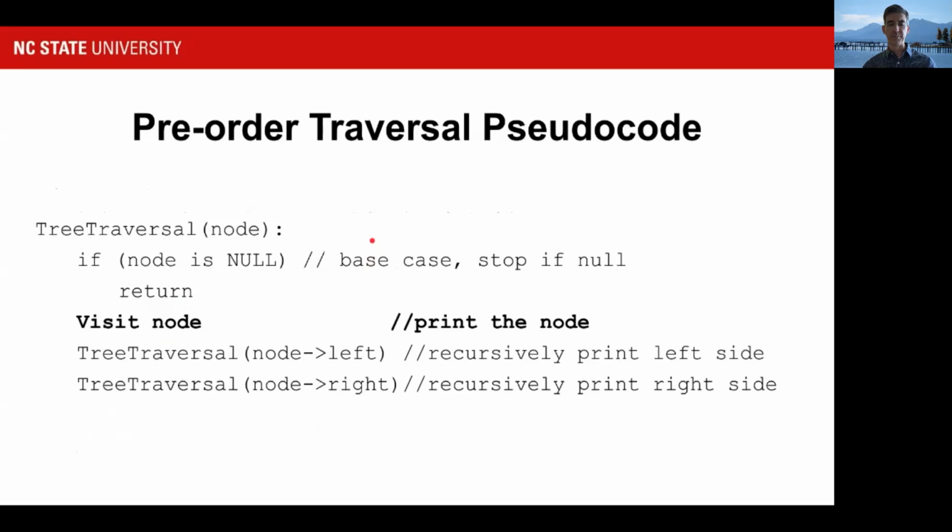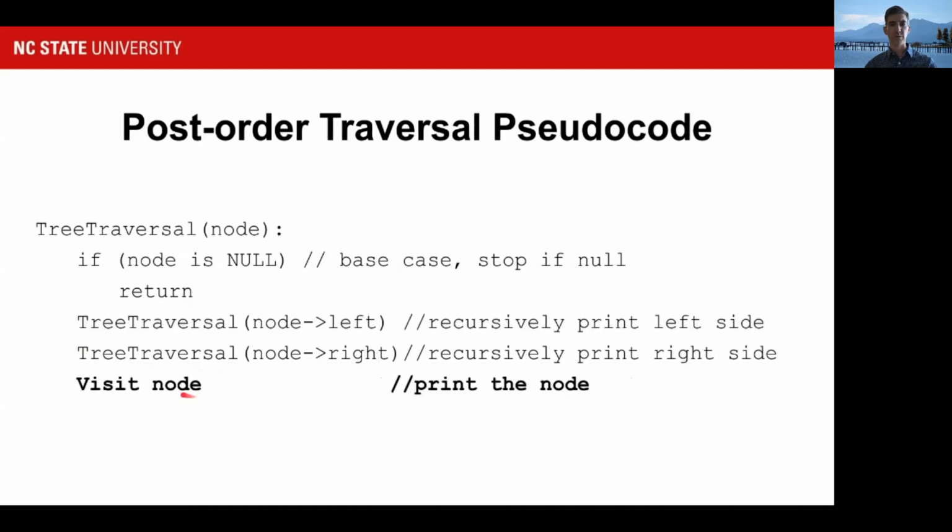And now, amazingly, this basic traversal code works for all of the traversals that I told you about: pre-order, post-order, and in-order. All you have to do is change the relative order of traversal with respect to visiting the node. So if I wanted a pre-order traversal where I visit the node first and then the subtrees, then I would just move the visit node to above these two tree traversal calls.